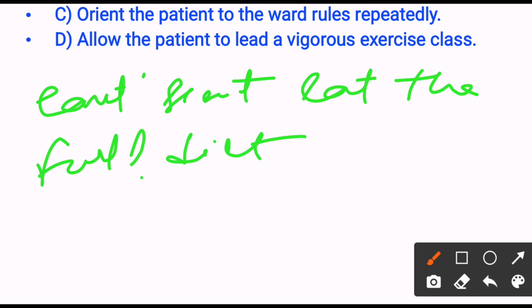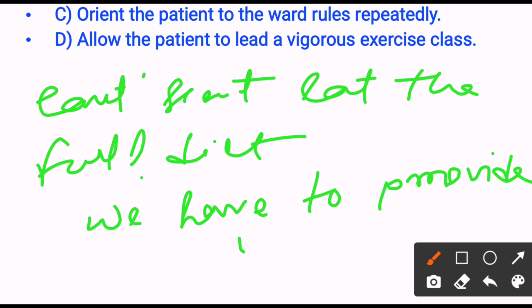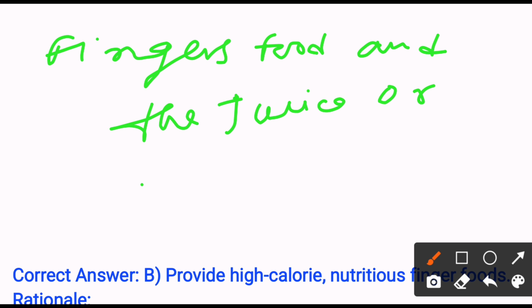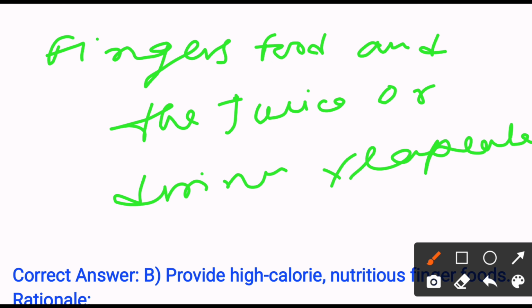So we have to provide finger foods and the juice or drink repeatedly. So the answer will be option B.